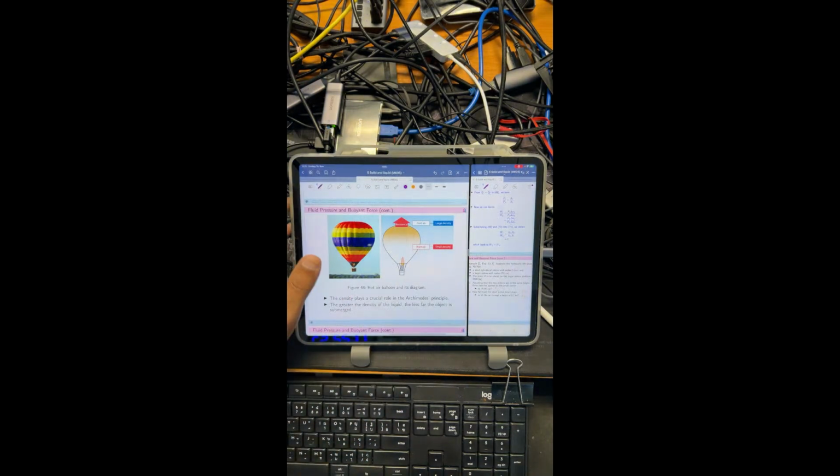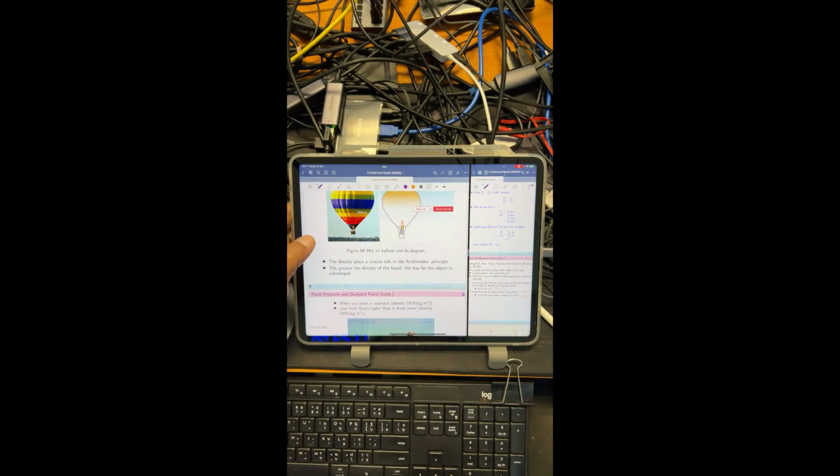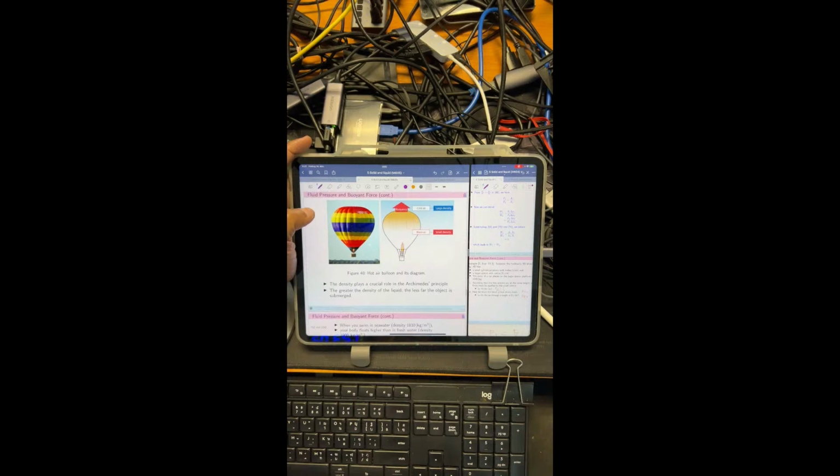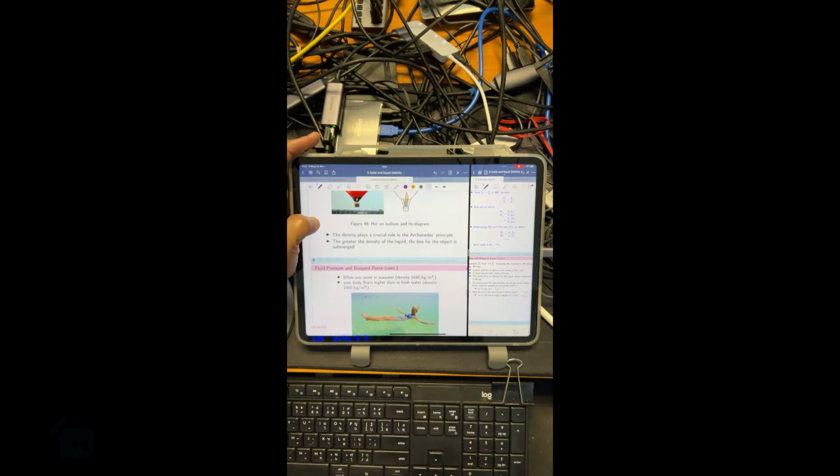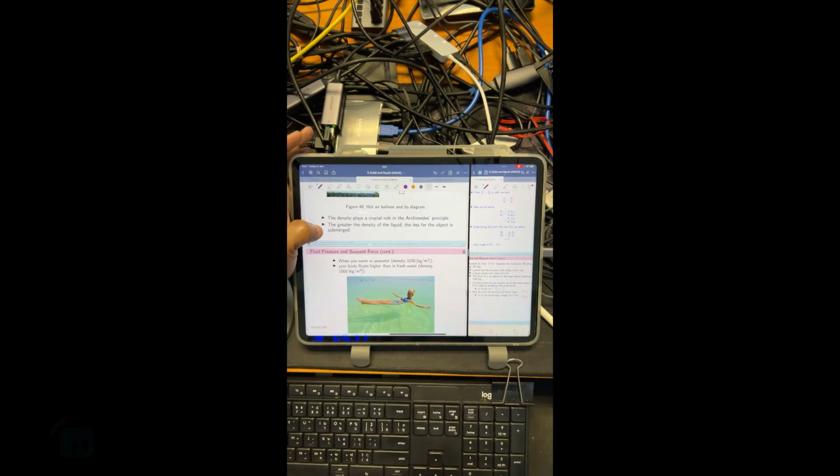Buoyant force. Yeah, density plays a crucial role in the Archimedes principle. The greater the density of the liquid, the less far the object is submerged. Let's consider one example.